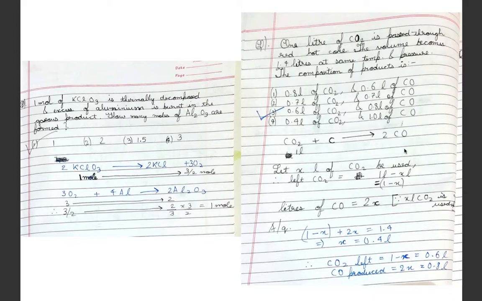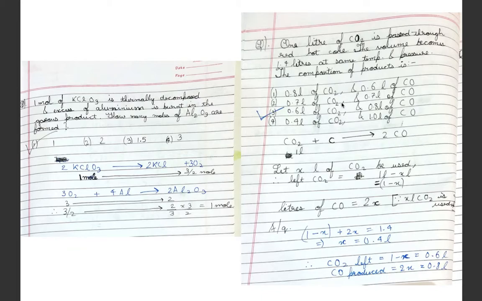Now the liters of carbon monoxide: if you try to find, you see here 1 mole and here 2 moles, and with the same temperature and pressure, same volumes. So you will have 1 liter and then 2 liter here, which is equal to 2x, because not the whole 1 liter is used, a part of it, that is x liter, is used, so it would be 2x.